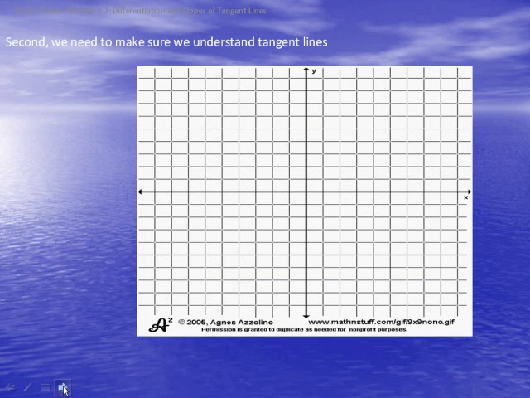Alright, second, we need to make sure that we understand tangent lines. So let's take a function like this, and let's take a look at slopes.